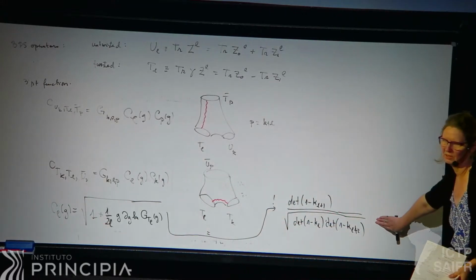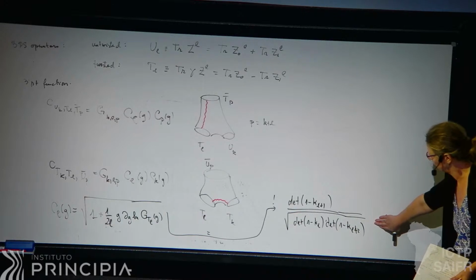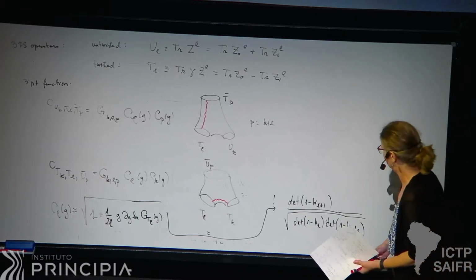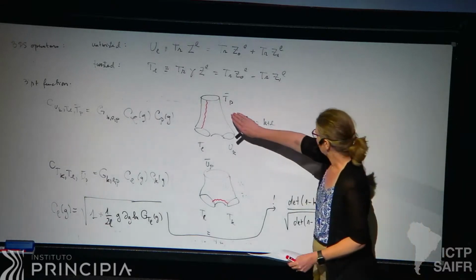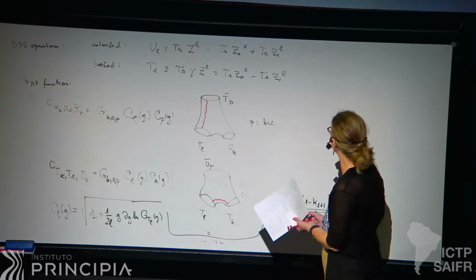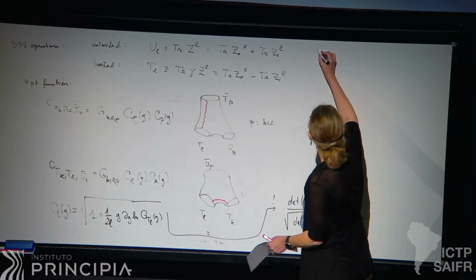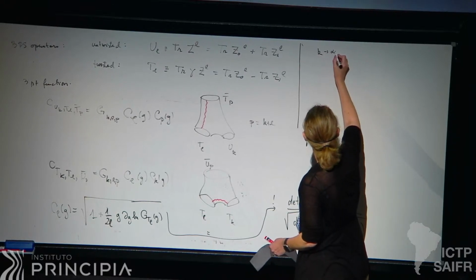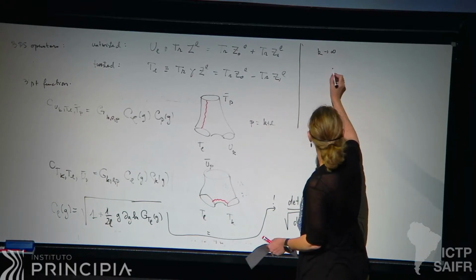So the rest of my talk will be an attempt to explain this formula here. I will concentrate on the case where I take k to infinity. So what becomes of this object here?